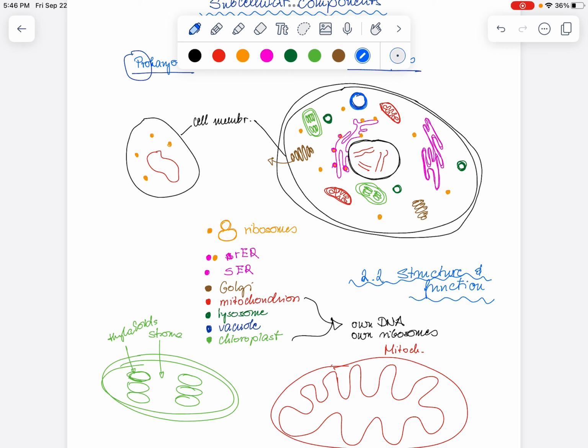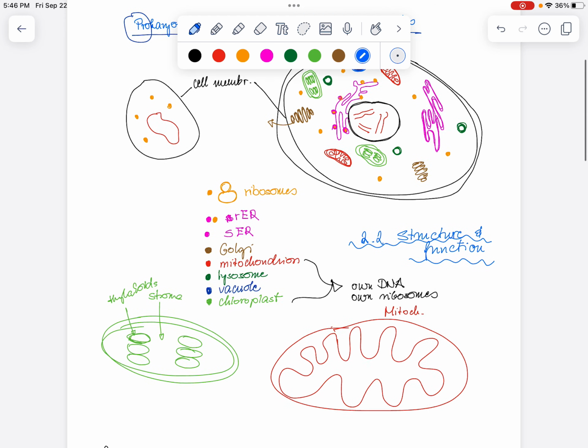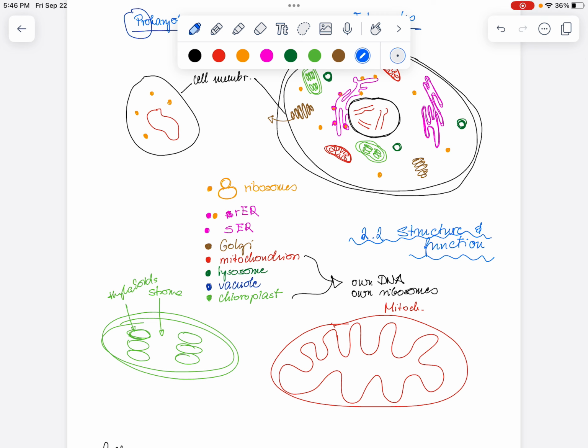Now, let's talk about the structural features of cell organelles that allow the organisms to capture, store, and use energy. And these are going to be the chloroplasts and the mitochondrion.